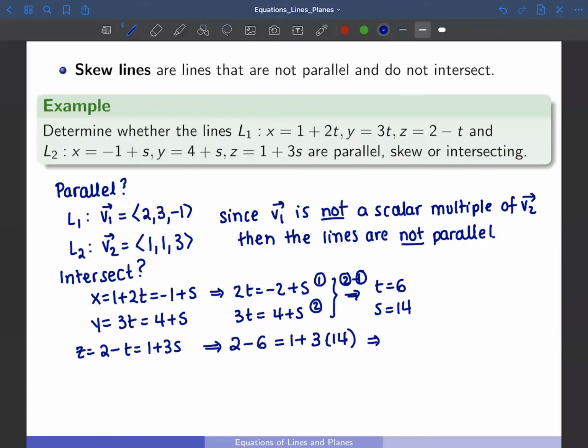So that gives us that negative 4 is equal to 43, which is not possible. And therefore there is no solution, so the lines do not intersect.